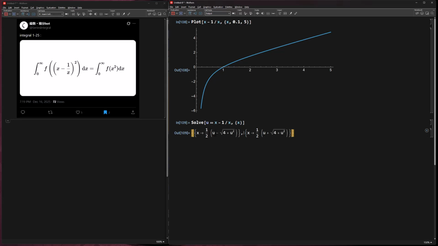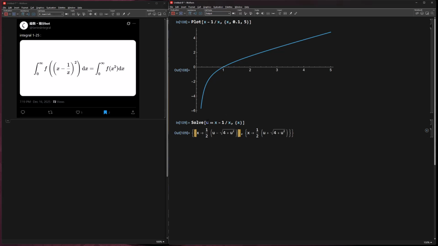So in this case, if u is larger than 0, the absolute value of this term is larger than u, so this branch will always be negative.